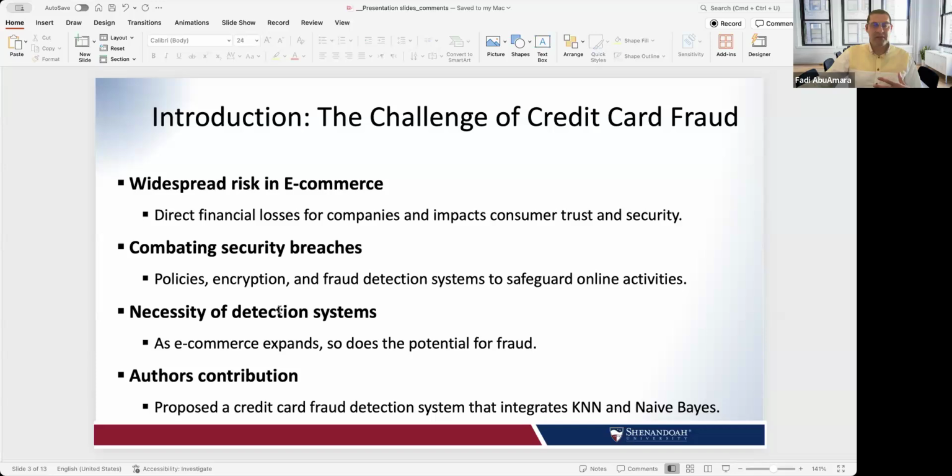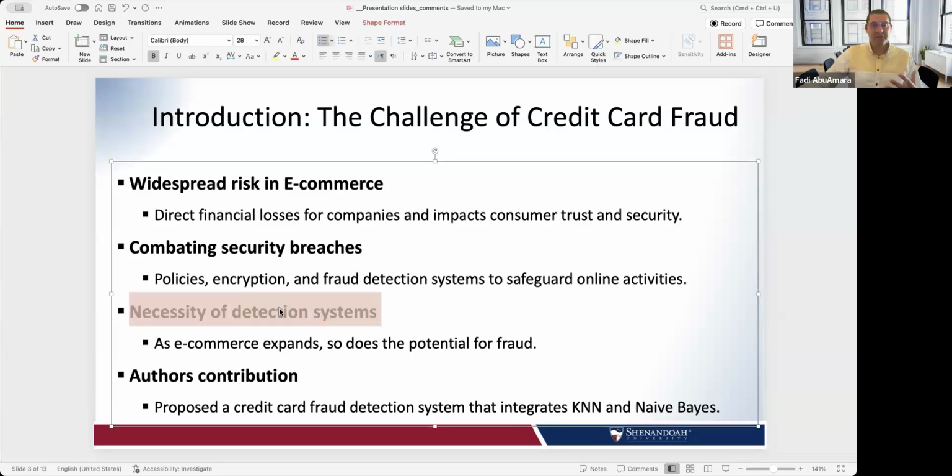Next, we speak about the necessity of detection systems. The increasing use of online transactions highlights the critical need for a robust fraud detection system. Why? As e-commerce expands, so does the potential for fraud.